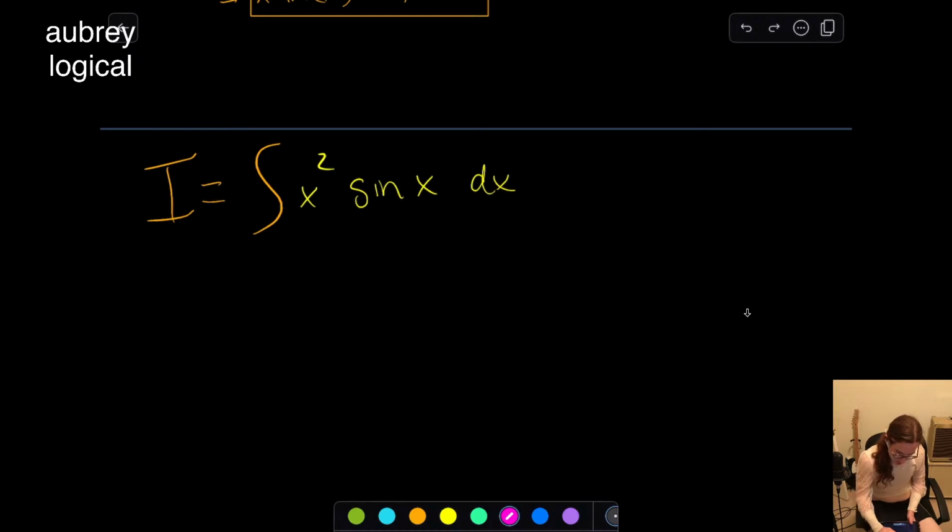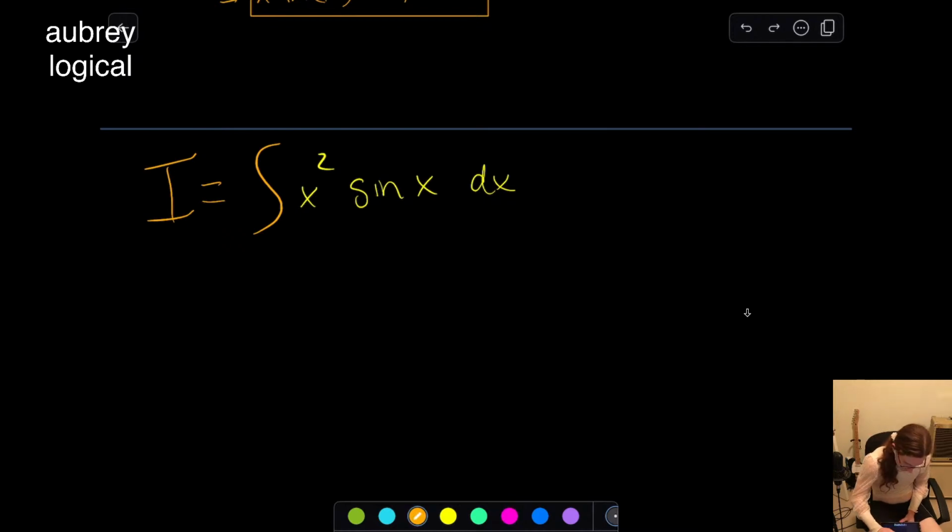And our second class states that if the antiderivative of v, or is it, okay.